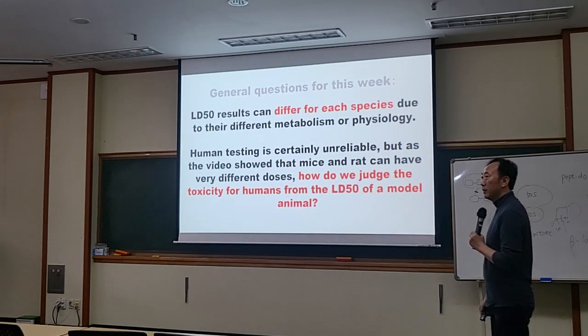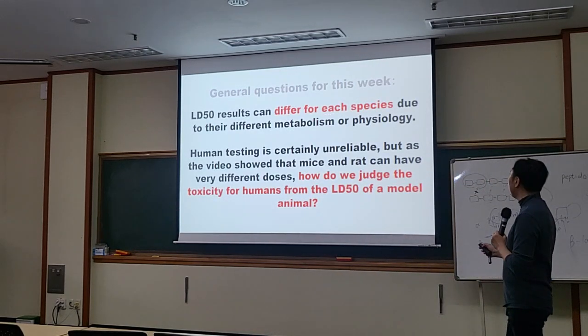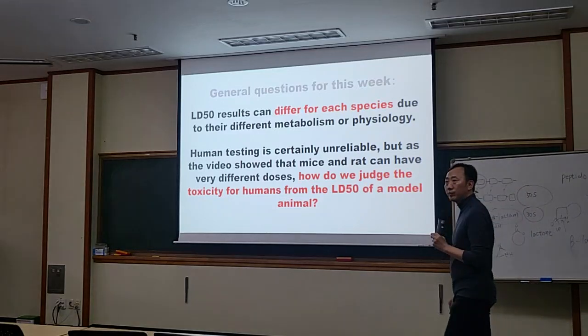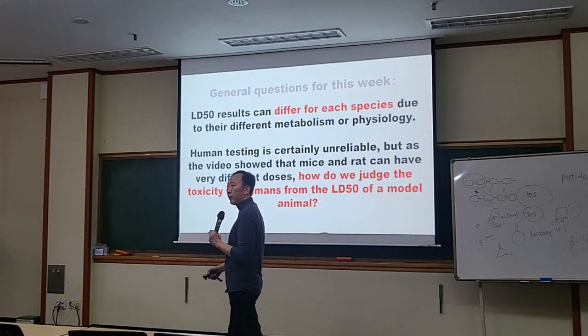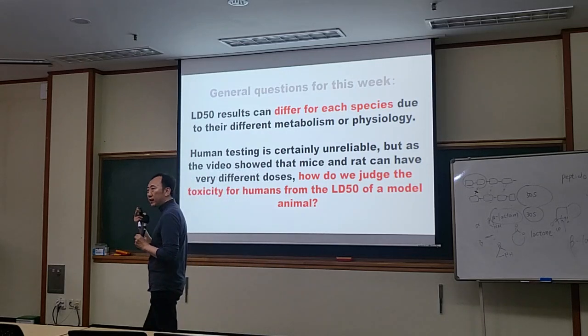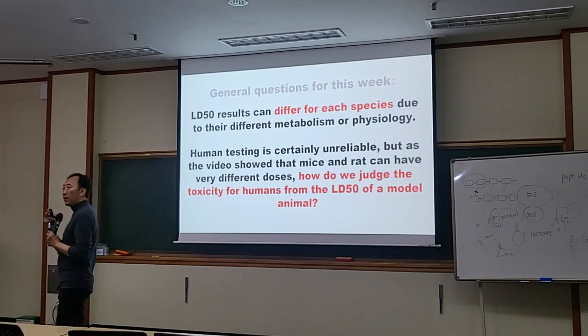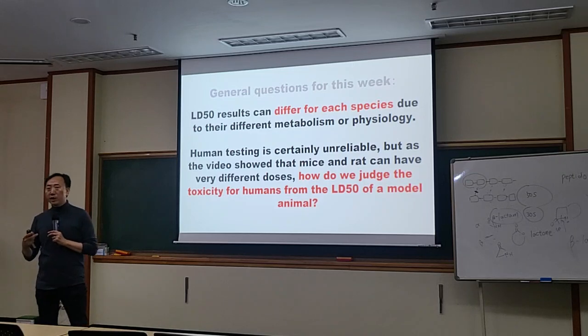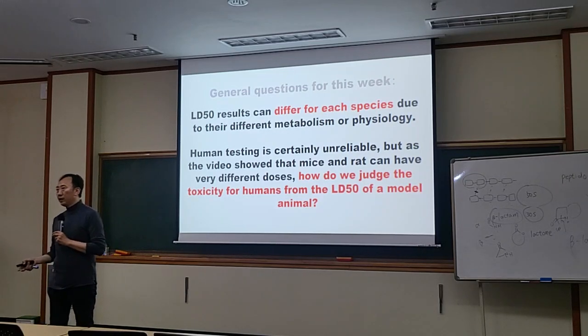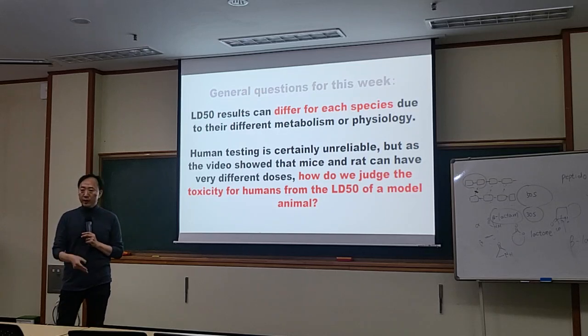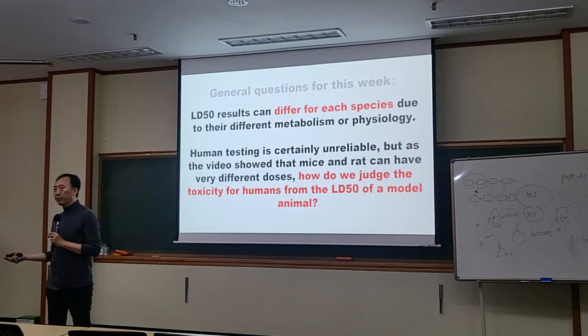Another question: LD50 may be different for different species. True. LD50 for mouse, LD50 for rat. I gave you the example with nicotine. Some drugs are more toxic to some species than others. Then how do you use this rat test or mouse test for humans?